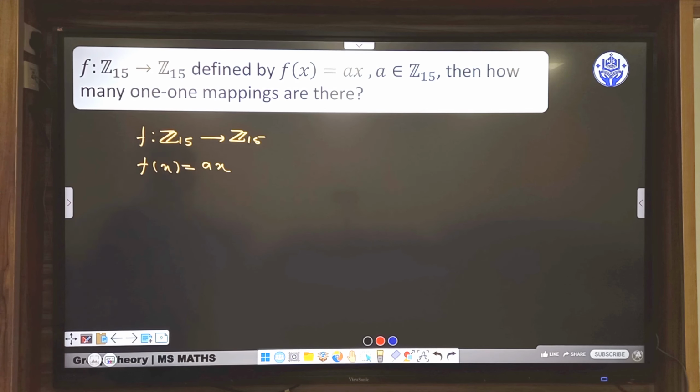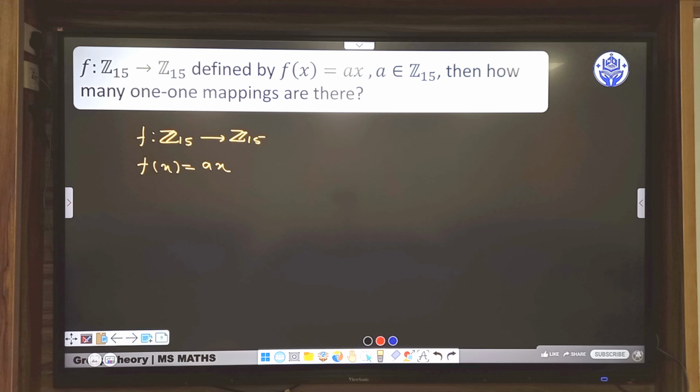Now it is asking how many one-one mappings are there. Actually we have to find the number of one-one mappings. How can we find the number of one-one mappings here? That is quite related to the same GCD.